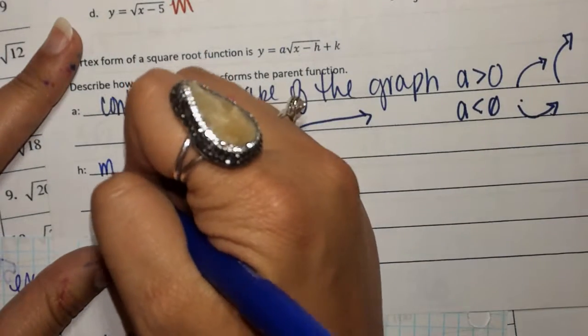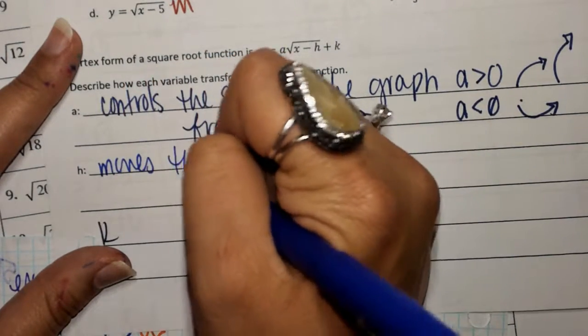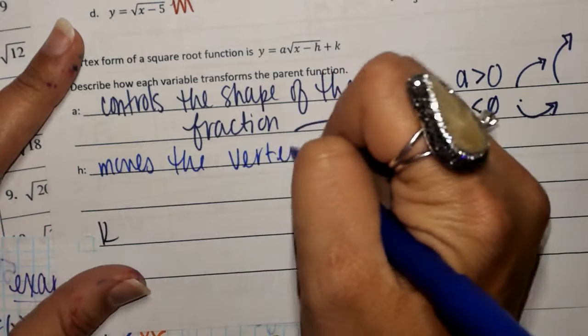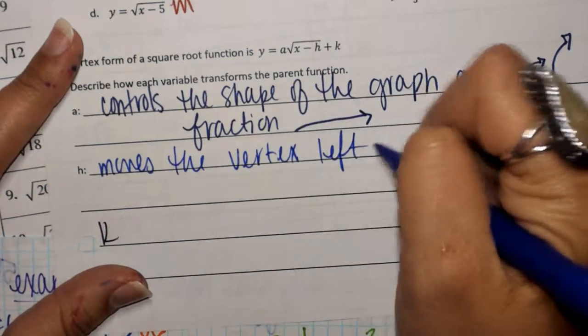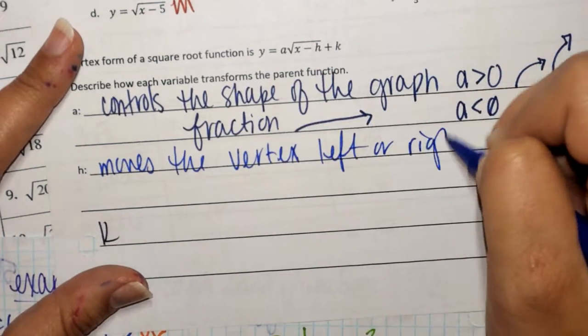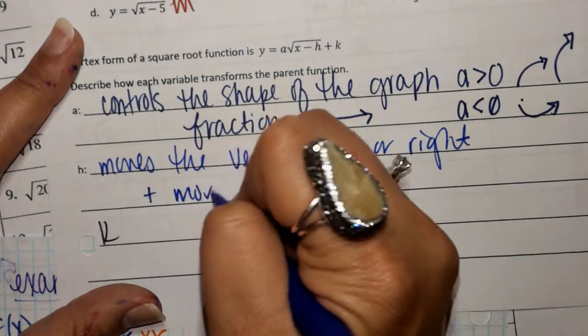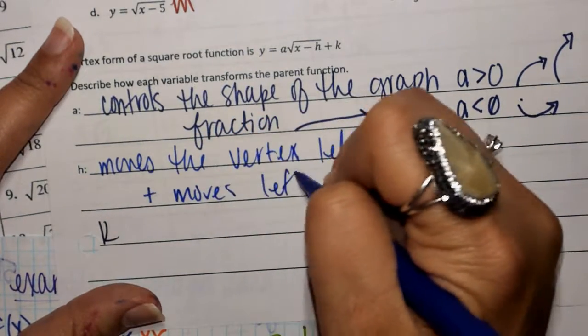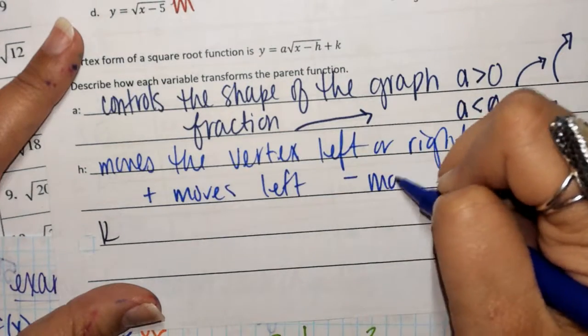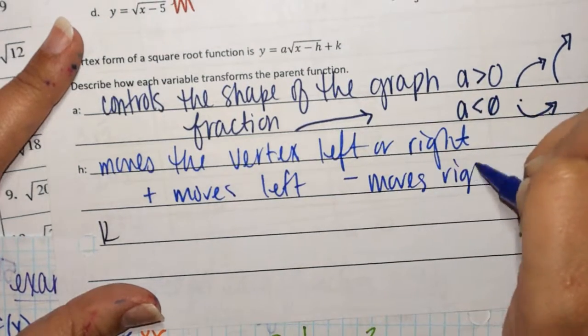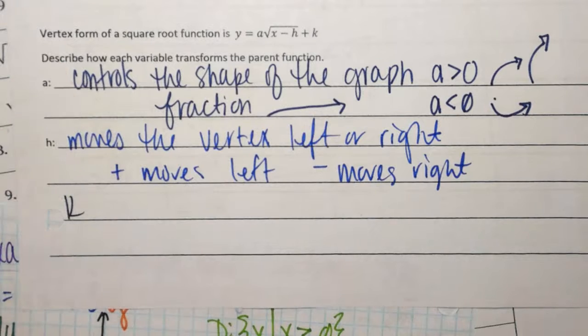So H moves the vertex left or right. So plus moves left. And what does minus do? Moves right. So A controls the shape. H moves it left or right.